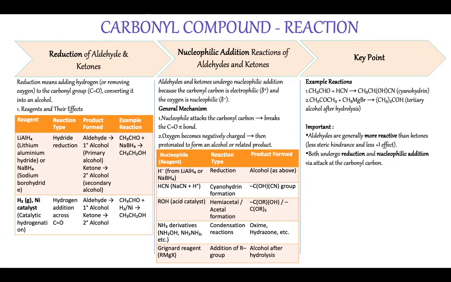For the reagent and its effect, we have an example here, where the use of lithium aluminum hydride or sodium borohydride gives an end product: aldehyde becomes a primary alcohol, and ketone becomes a secondary alcohol.